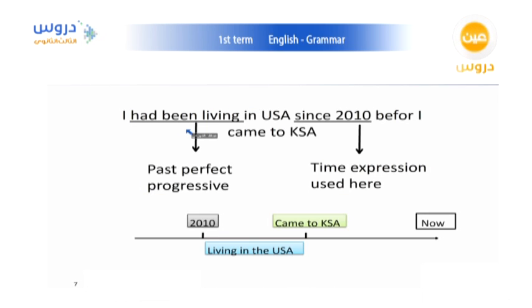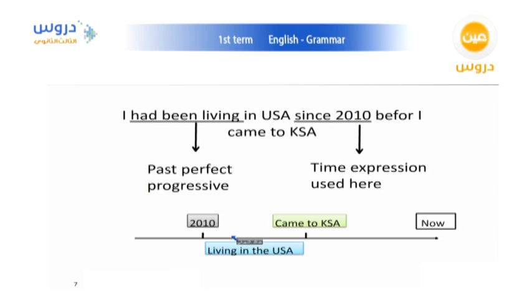Here is the past perfect progressive, which is almost the same idea, but it shows that the first event continues, or like for example goes on. So I had been living in the United States since 2010 before I came to Kingdom of Saudi Arabia. So this is the past perfect progressive, and since 2010 is a time expression used here to indicate that we use the past perfect progressive.